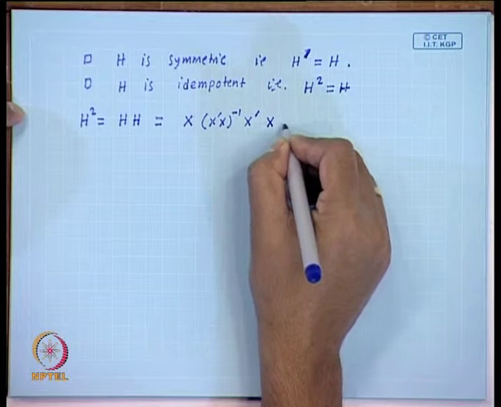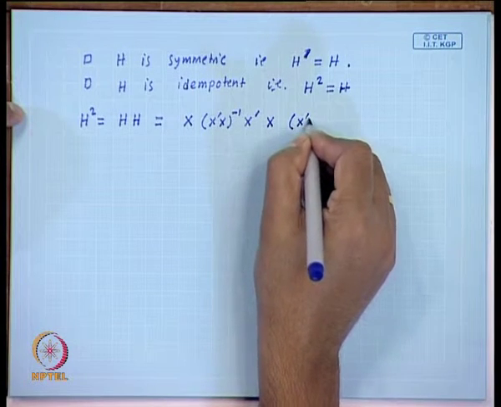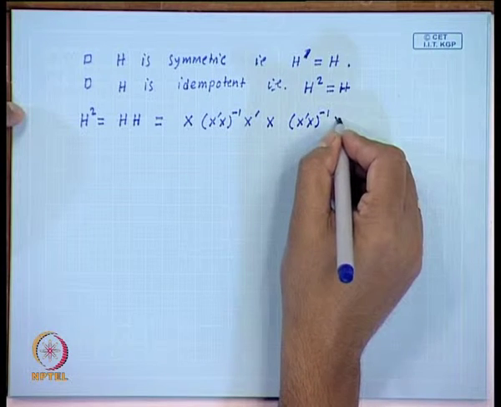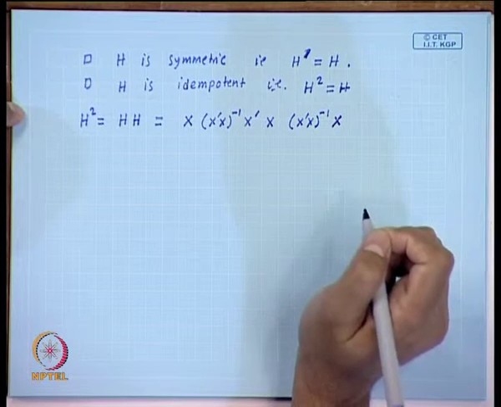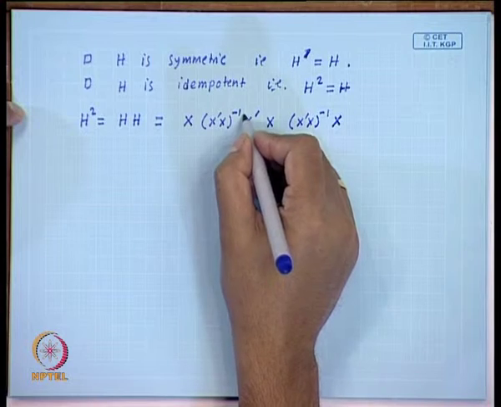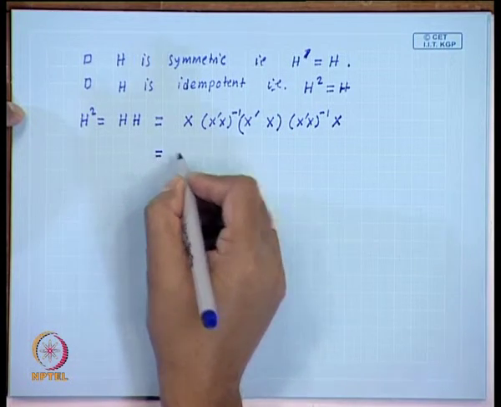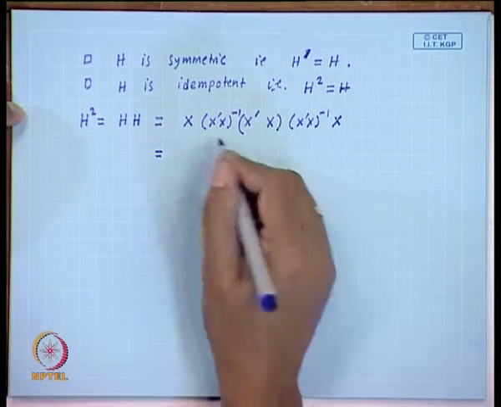So, X prime X inverse X, okay. So, this is equal to, now this will cancel out.